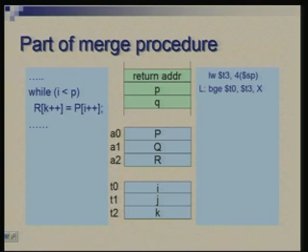Okay. So, we begin by accessing the value p, okay, which is kept in second location from top in the activation record.